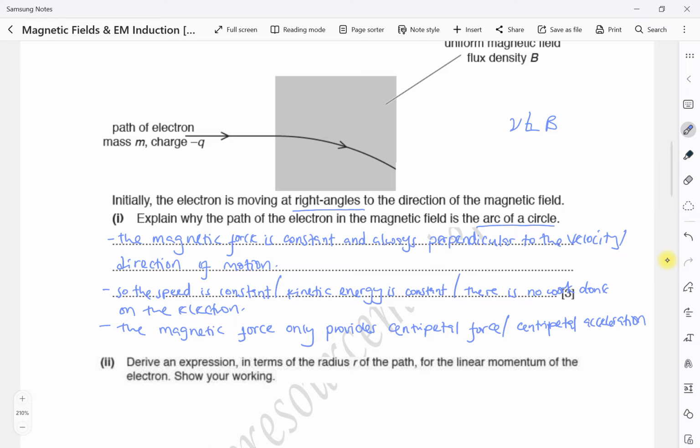So the magnetic force will only provide centripetal force, or it will provide centripetal acceleration.